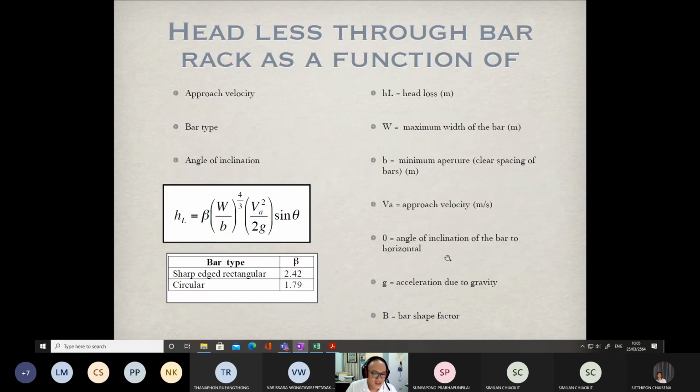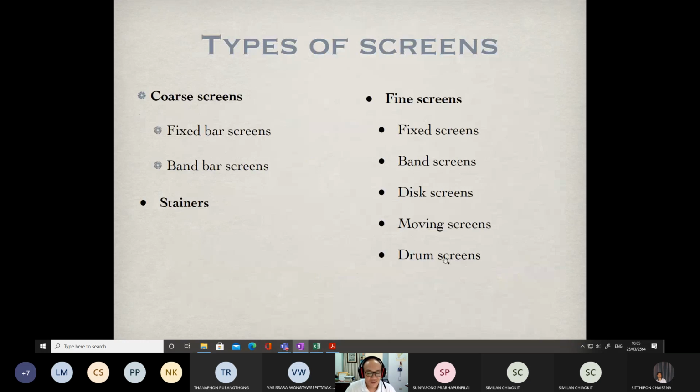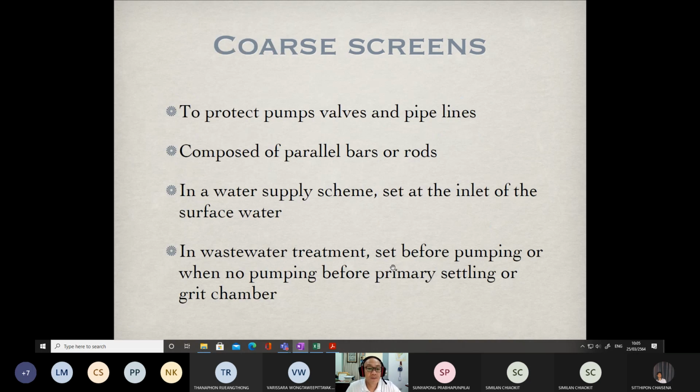But for the fine screen, it's just a matter of the opening size. If the opening size is very small, we generally call it a fine screen. So it could be a fixed screen, or it could be a disc screen, or some moving screens, drum screens, like I showed you in the photographs.